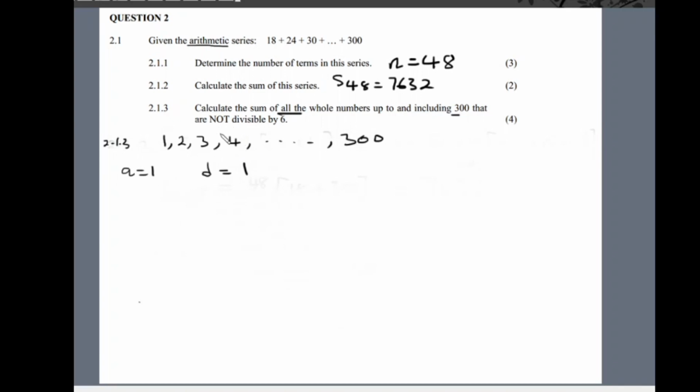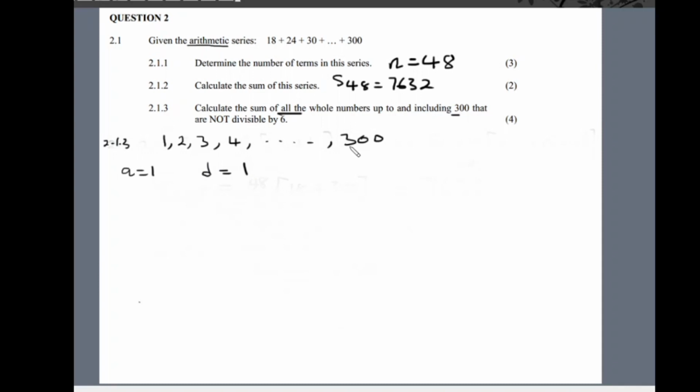But the question here says we want the sum of all the whole numbers up to and including 300, but then you should not include those that are divisible by 6, right? So in order to do this, let us first calculate the sum of all the whole numbers including those that are divisible by 6. Yeah? So from this sequence, if you add all the terms, you'll have the sum of all the whole numbers including those that are divisible by 6.